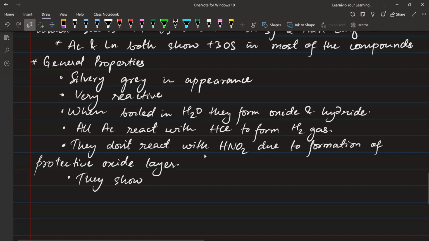This is basically like a very common phenomenon. Whenever HNO3, nitric acid, not nitrous. Okay. Due to formation of protective oxide layer. Now generally whenever an oxide layer is present, further reaction, whether it is oxidation या फिर कुछ और भी चीज. For example, aluminium का example बहुत ही important है.